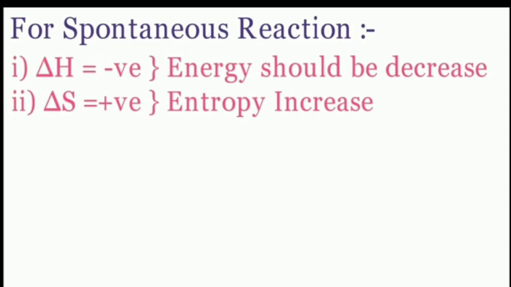So for a spontaneous process, delta H is negative, that means energy should decrease, and delta S is positive, that means entropy increases. So delta H is negative and delta S is positive for a spontaneous process.